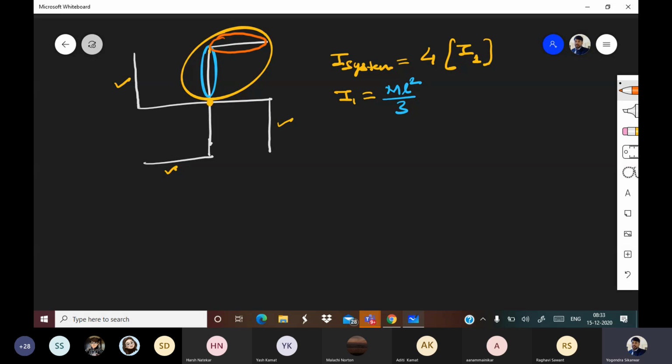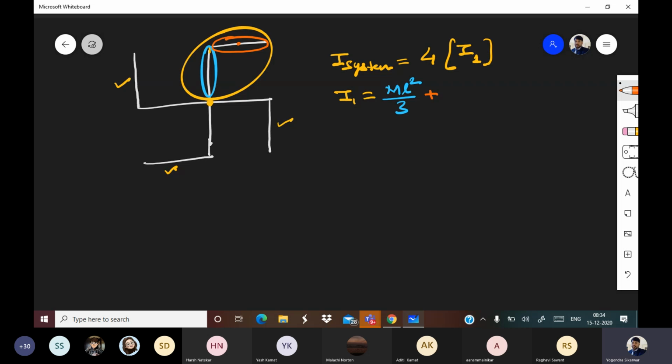Now to calculate that is also easy. So the moment of inertia of this rod about the midpoint, correct?